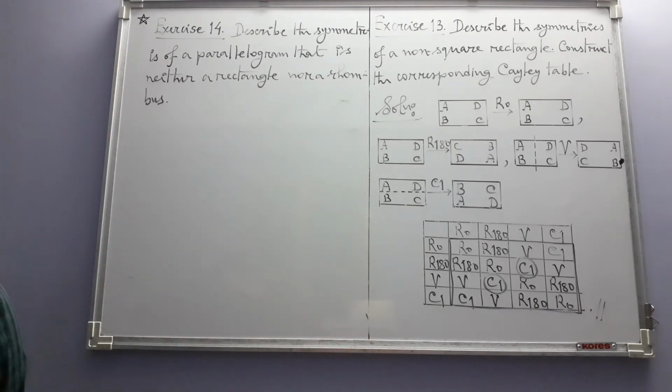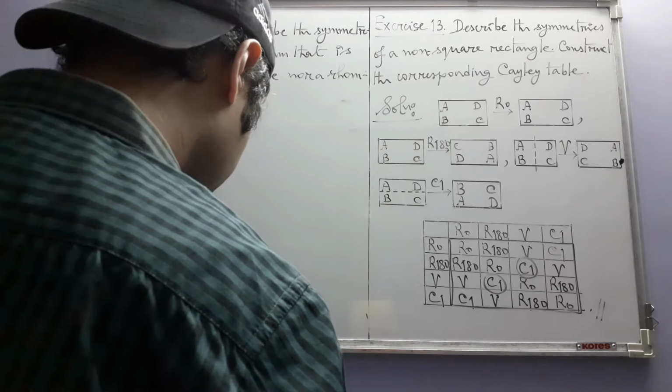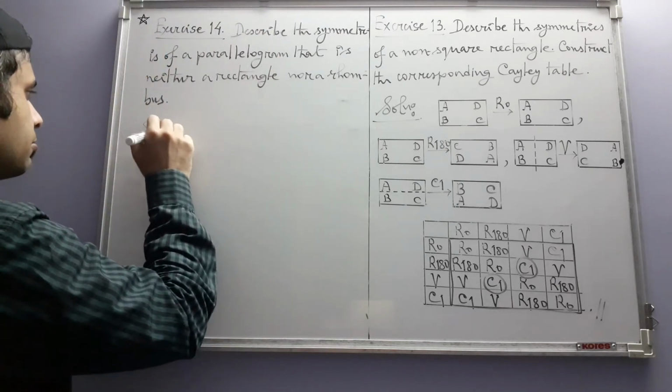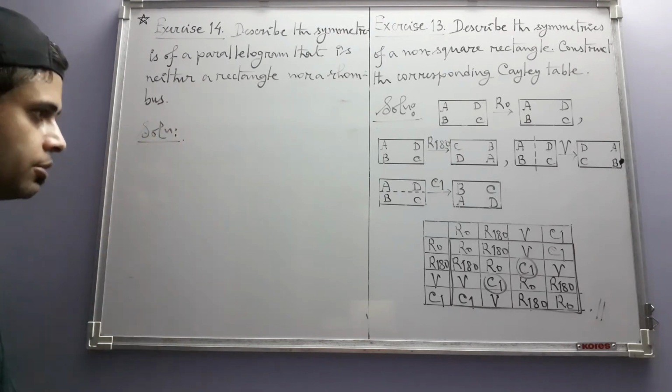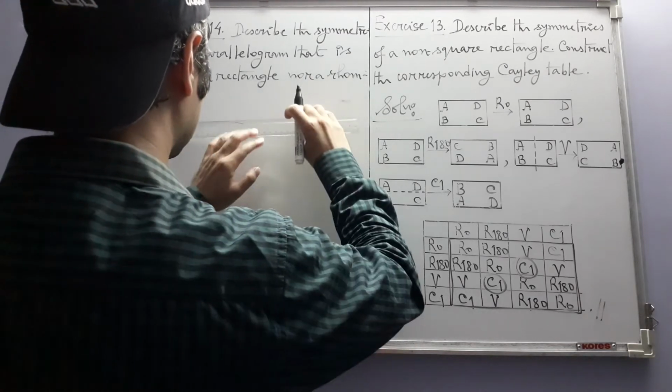And I have a parallelogram here, but before that let us just draw the pictures and then we will see. So here we don't have to form any Cayley table, we just need to show the symmetries.